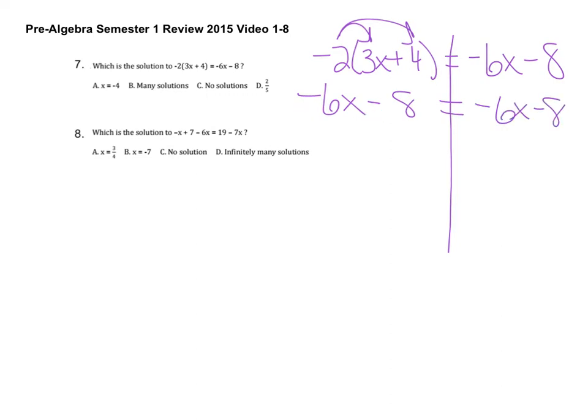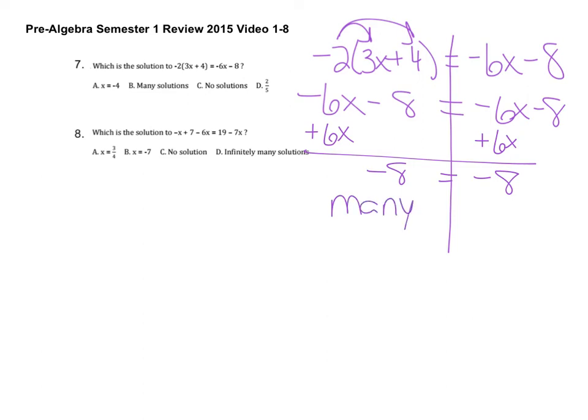Notice these match all the way. Okay, that should be a clue. We're going to add 6x to both sides, and we get negative 8 equals negative 8. Does negative 8 equal negative 8? Always, right? When we get something that's always true, that means this equation has many solutions. That means any value we plug in for x will make it true.